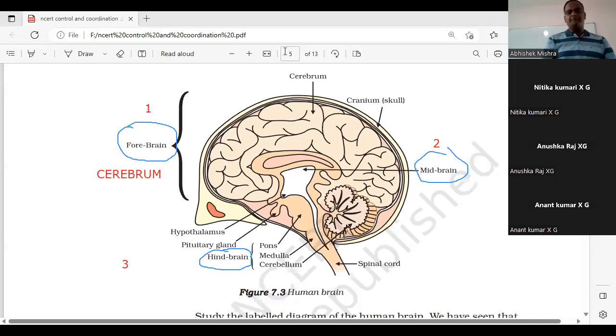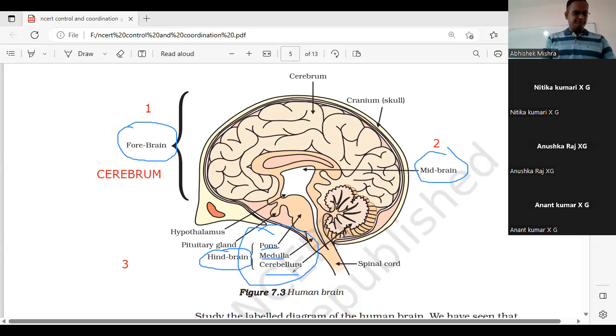Now, the third part of the human brain, and also a very important part, that is these three parts: pons, medulla, and cerebellum. The third part is the hindbrain. Yes, Anant, this part, after the head, above the abdomen.